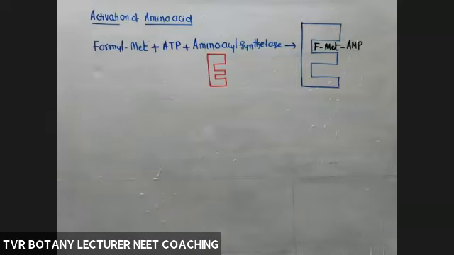So what is the role of the amino acyl synthetase enzyme? The first role is accepting one type of amino acid into its binding site.